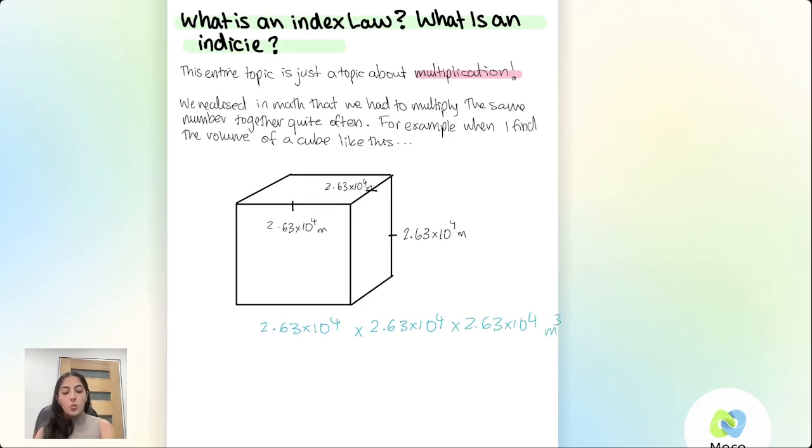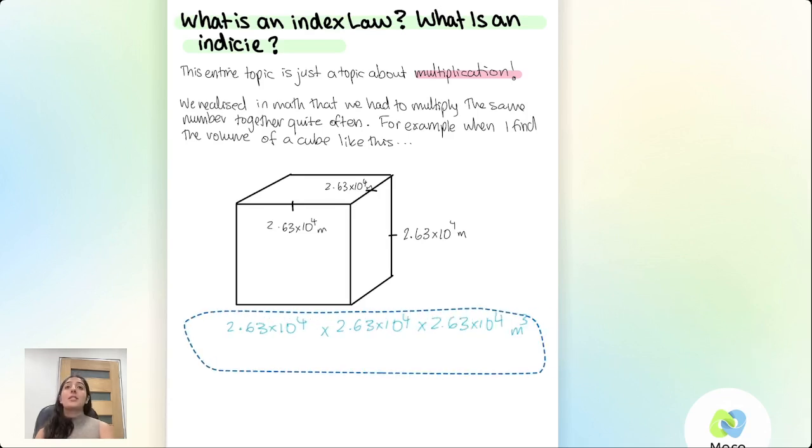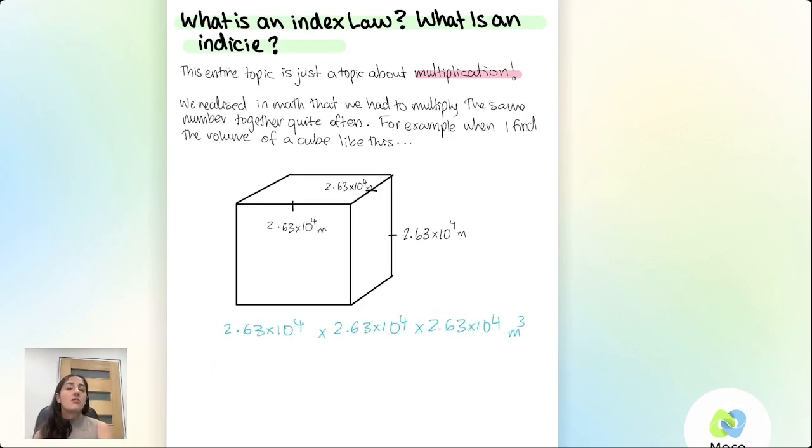Now, we had to multiply the same number together 3 times. And that's fine. Not incorrect. We can do that. But we noticed this problem popping up a lot in math. We noticed that it didn't only happen when we were finding volume. It happened in a bunch of other places, and we realized, we're multiplying the same number together all the time. Why don't we just come up with a shorter way to write that?